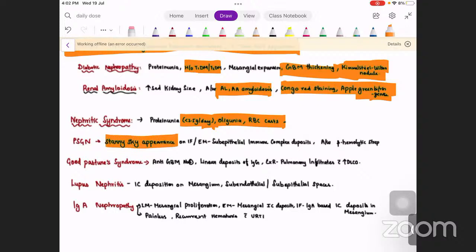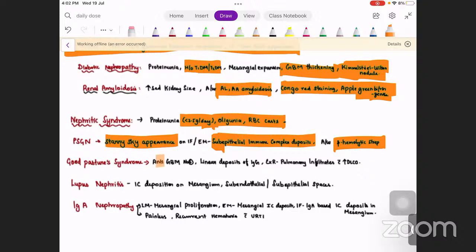EM shows subepithelial immune complex deposits associated with beta hemolytic strep, then that is post-streptococcal glomerulonephritis. Starry sky appearance on immunofluorescence associated with beta hemolytic streptococci: PSGN.